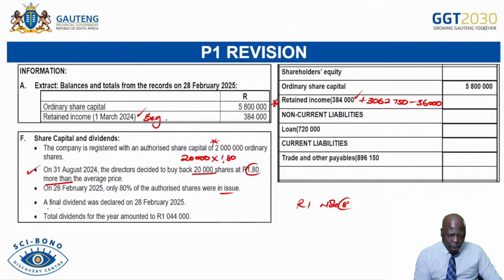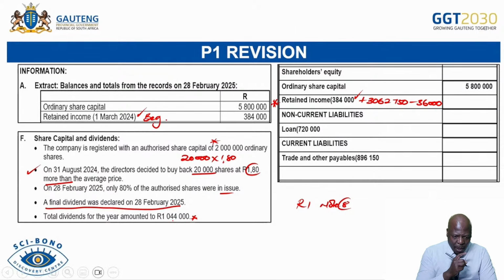Then they say a final dividend was declared. They don't tell us. We are then told that total dividends for the year is 1,044,000. So if you want to complete this one, you subtract your total dividends.